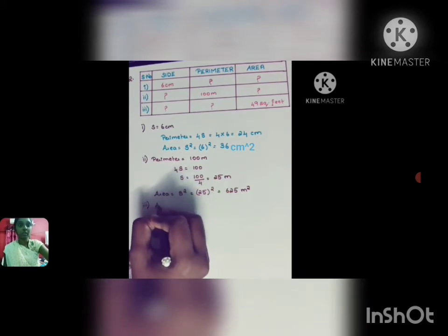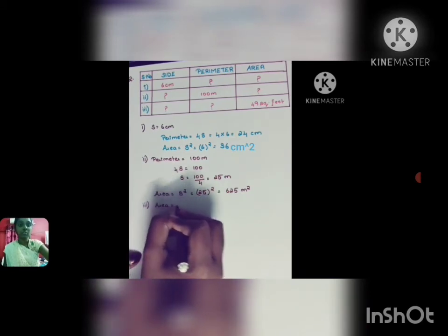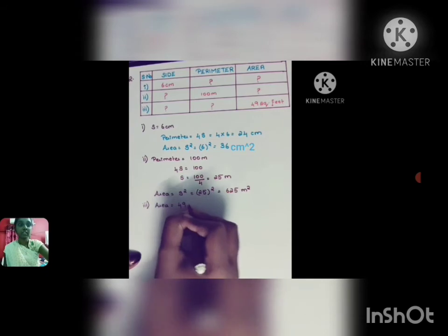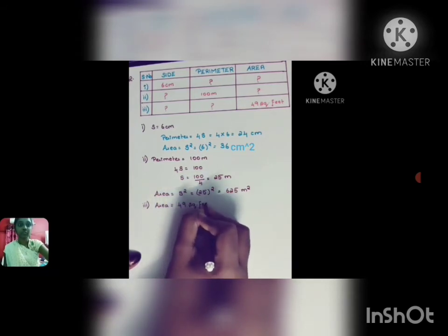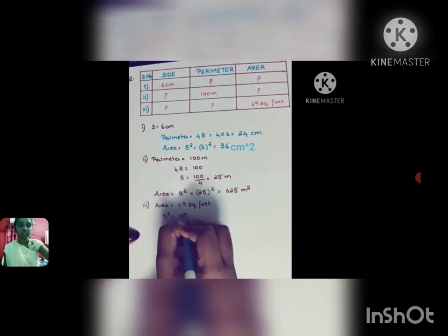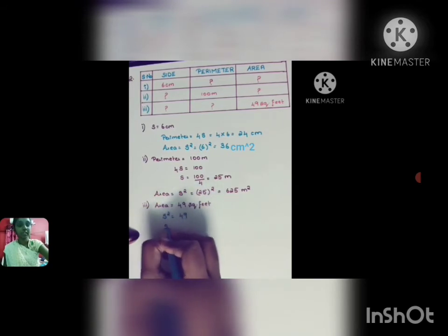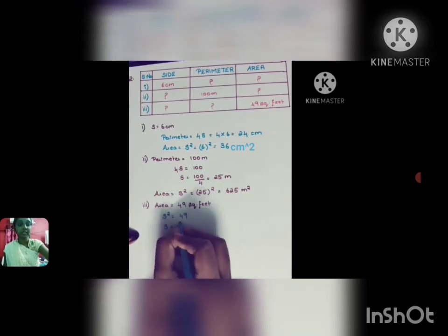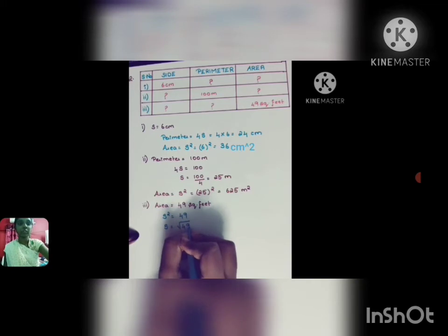In the third subdivision, we are asked to find the side and perimeter of the square. Given area is equal to 49 square feet. The formula for area of the square is s squared. Hence, we have s squared is equal to 49. So, to find s, we need to find the square root of 49.